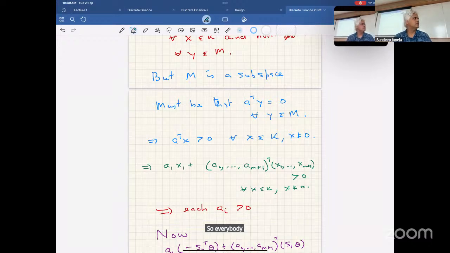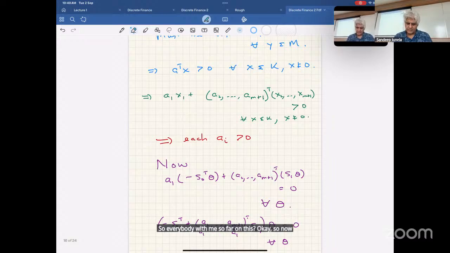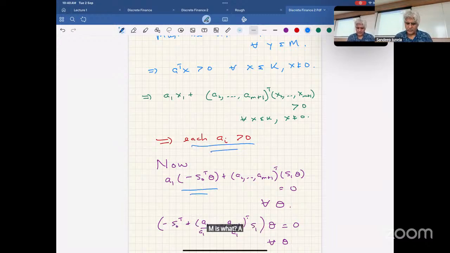So everybody with me so far on this? Okay, so now what have we said? Each A_i is positive, that we know. Now let's come back to M. M is what? A1 times minus S0 transpose theta plus A2 plus 1 times S1 theta, and that's equal to 0 for all theta.